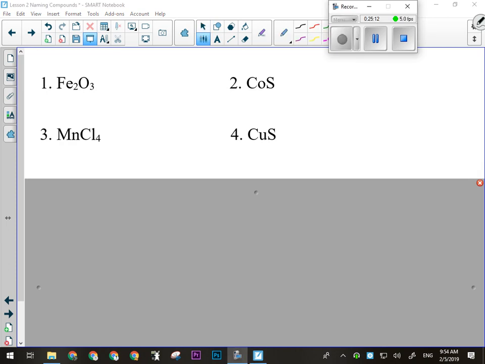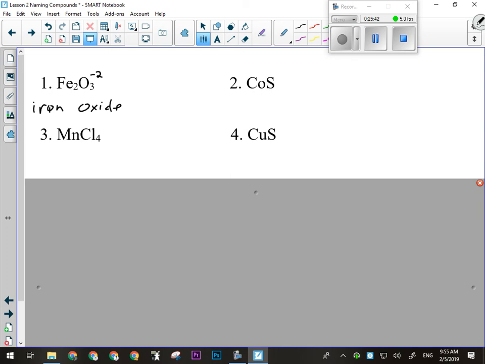All right, so first thing I do is I write out the name of the metal, iron, and the name of the nonmetal. Okay, so this is iron oxide. Then I want to figure out what charge this iron had. The charge on oxygen, which I can find on my periodic table, is always -2. So how many negative charges are there in this compound? 6, because there's 3 oxygens right here, right?